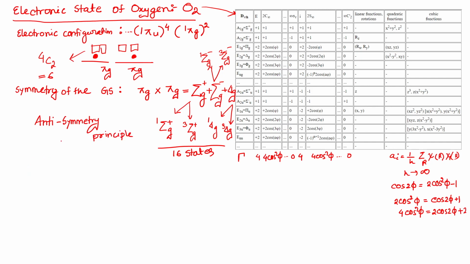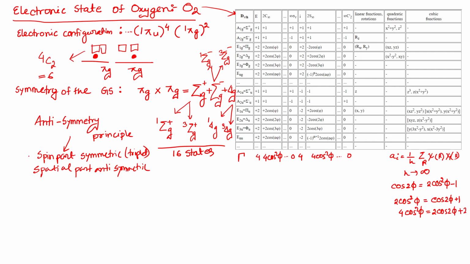Right? Which says that if your spin part is symmetric, which is actually the case for triplet, your spatial part should be anti-symmetric. Means your overall wave function should be anti-symmetric.